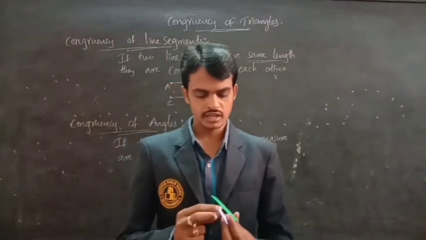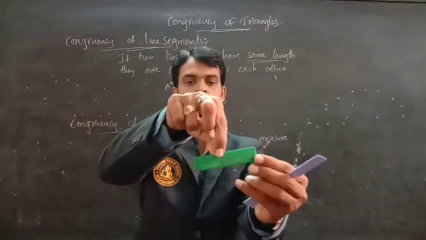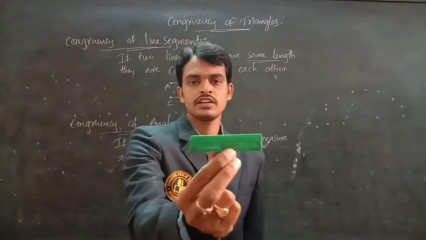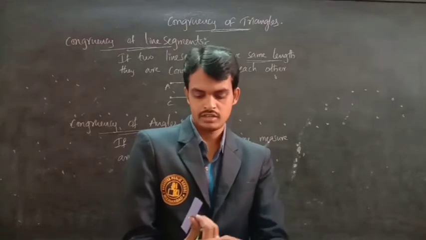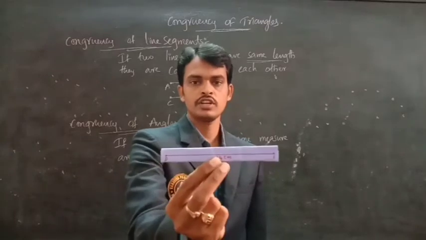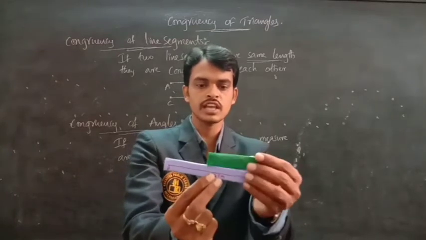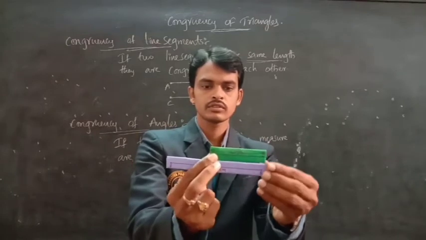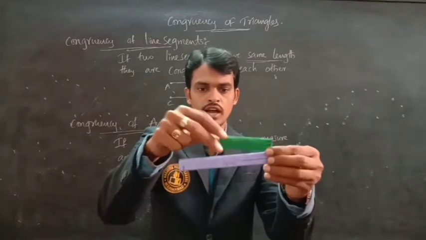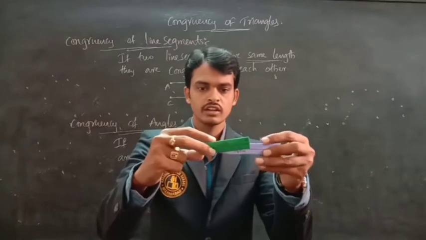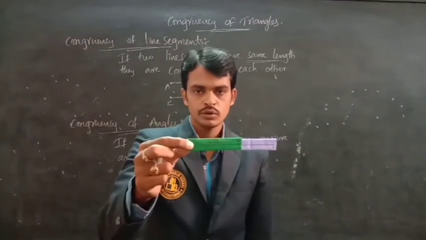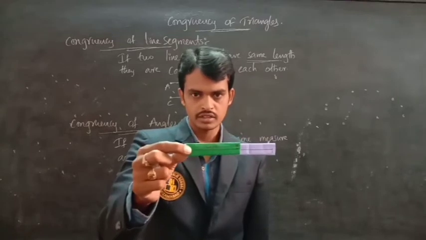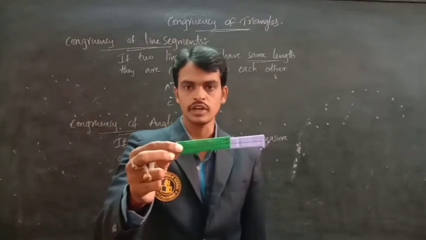This is line segment AB, 8 centimeters, and this is another line segment DE, 14 centimeters. Do they have the same length? Are they superimposed on each other? No. Then are these two line segments congruent? No, they are not congruent.